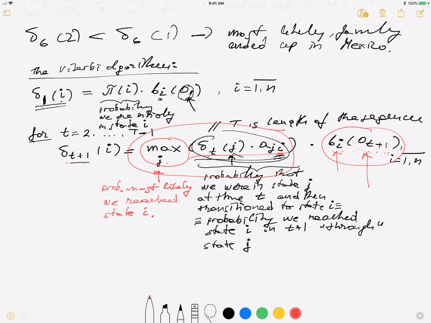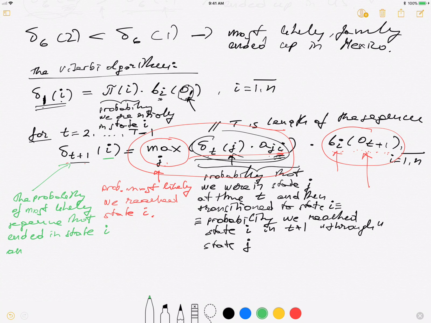So ultimately, when we multiply these two probabilities, we actually get that the left side is properly calculated, and the left side is the probability of the most likely sequence that ended in state i and generated symbols O1, O2, and ultimately O_{t+1}. So this equation is really correct.